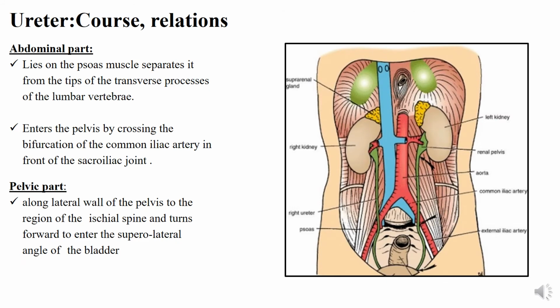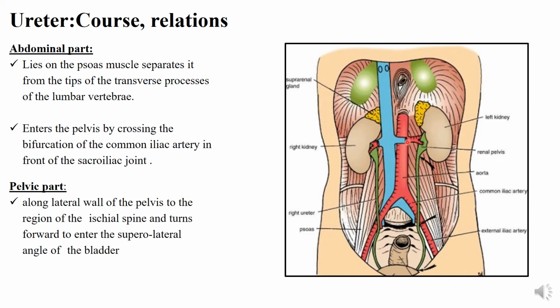If we look into the course of the ureters, they run inferiorly from the renal pelvis at the hilum of the kidney, and they pass over the pelvic brim at the bifurcation of the common iliac arteries, and then they will run to the lateral wall of the pelvis to enter the urinary bladder.